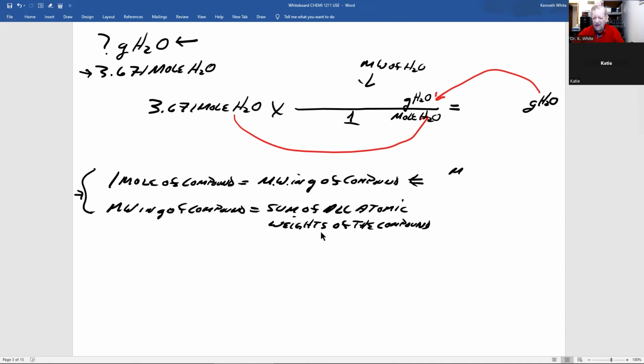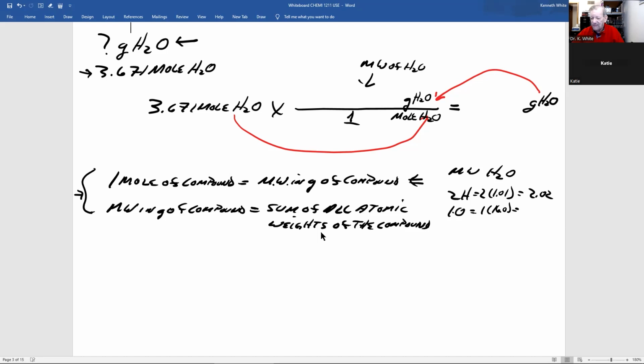And the molecular weight of water, as we did before, 2 hydrogen, 1 oxygen, and that would be the sum of all atomic weights.